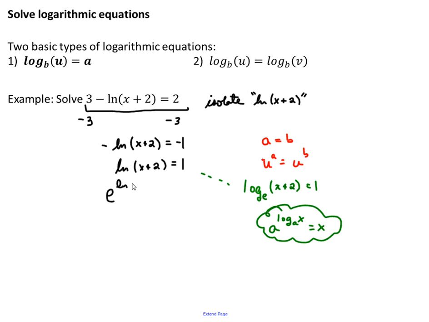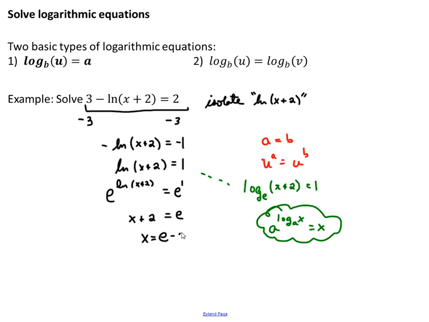So we would have e raised to the natural logarithm of x plus 2 is e raised to the first power. And if we simplify, that gives us x plus 2 on the left-hand side of the equation. And e to the first is just itself, the number e. And so in exact form, we should write our solution as x equals the quantity e minus 2.